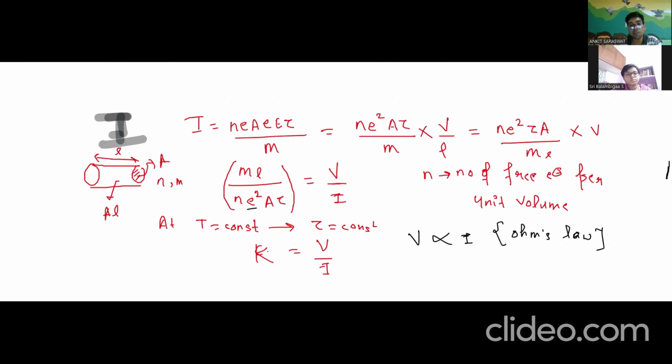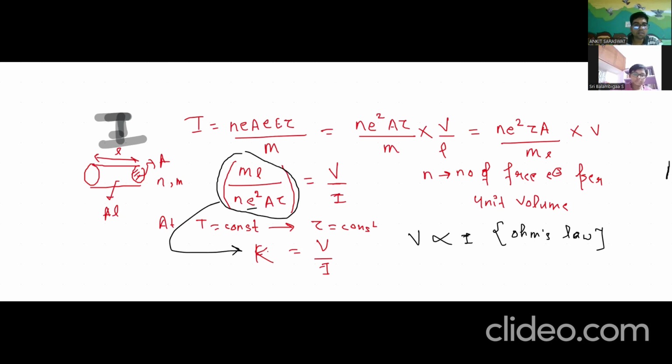At constant temperature I take this entire term as K, and this is constant. And this is what you have learned, V proportional to I, Ohm's law. The definition is: at constant temperature and pressure, potential drop is directly proportional to the current. This is what you have learned, and this is the derivation of it.